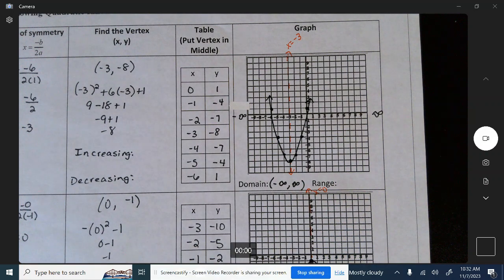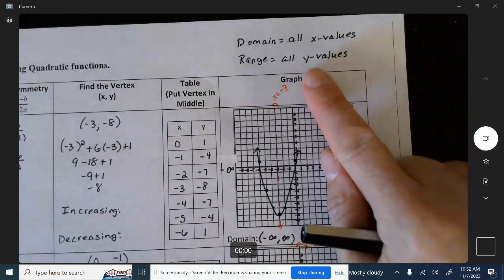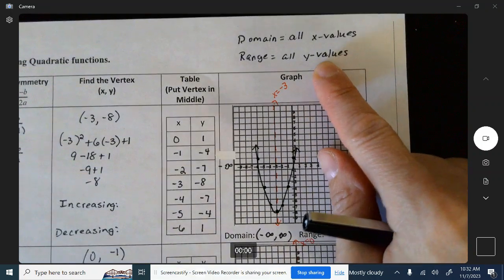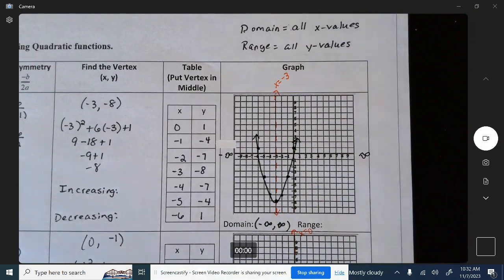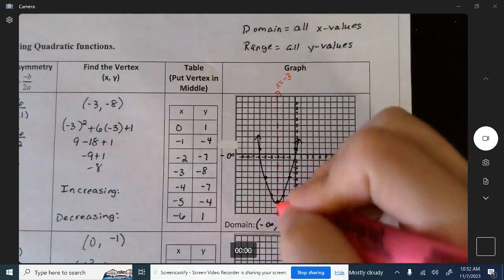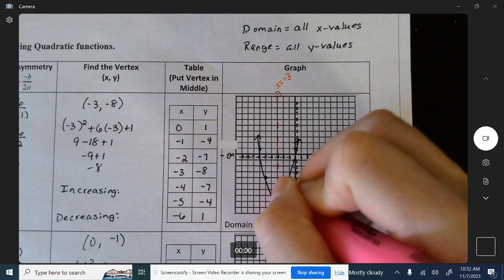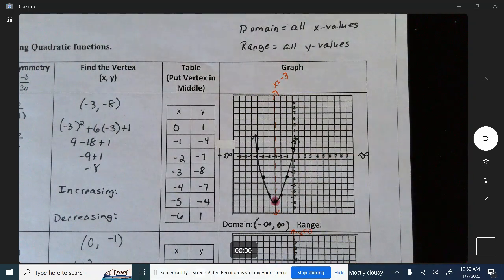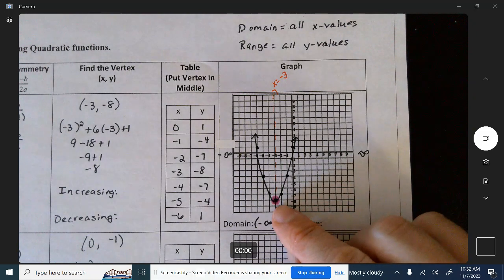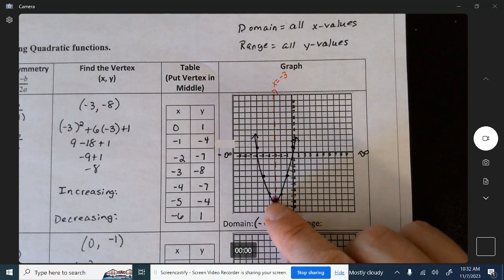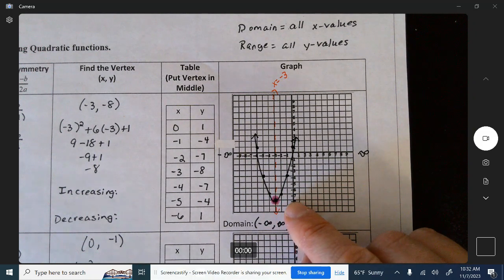Now, let's talk about range. Range is all y values. So if I look at the possible y values down here, you will notice this vertex right here, we don't have any y values that go below that point. So we're bounded by whatever the y value is at our vertex, which is negative 8.